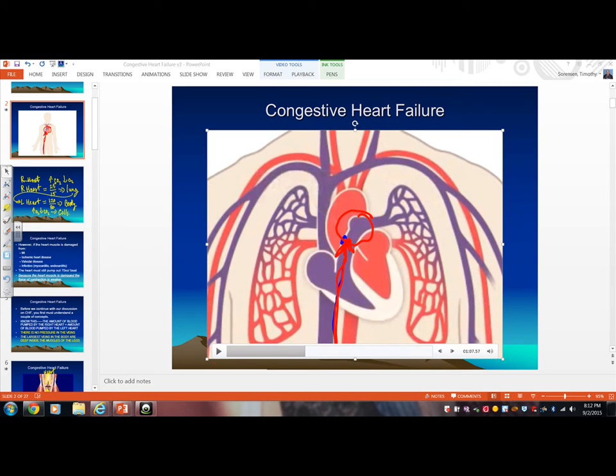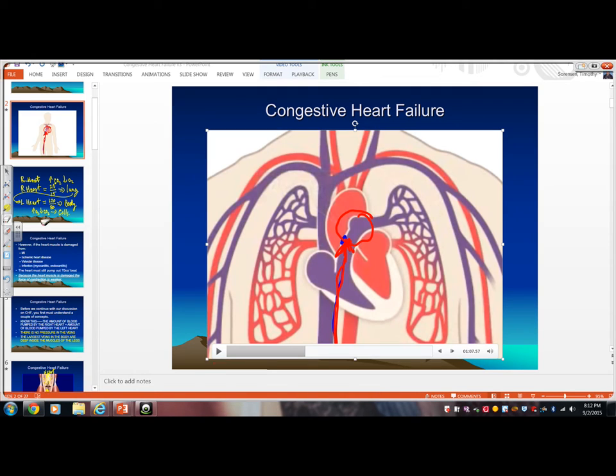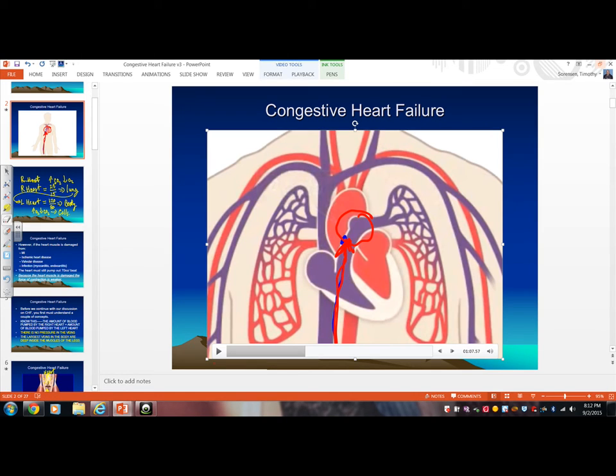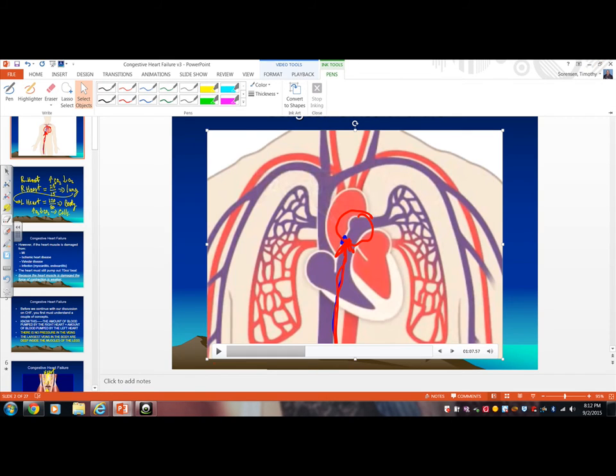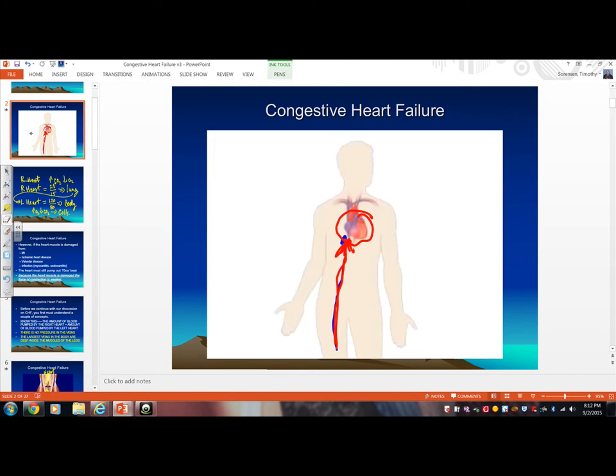This is perfect. You get this, it's going to be good for you. I got some circles. I'm not erasing here. So watch. All venous blood returns to the right side of the heart.